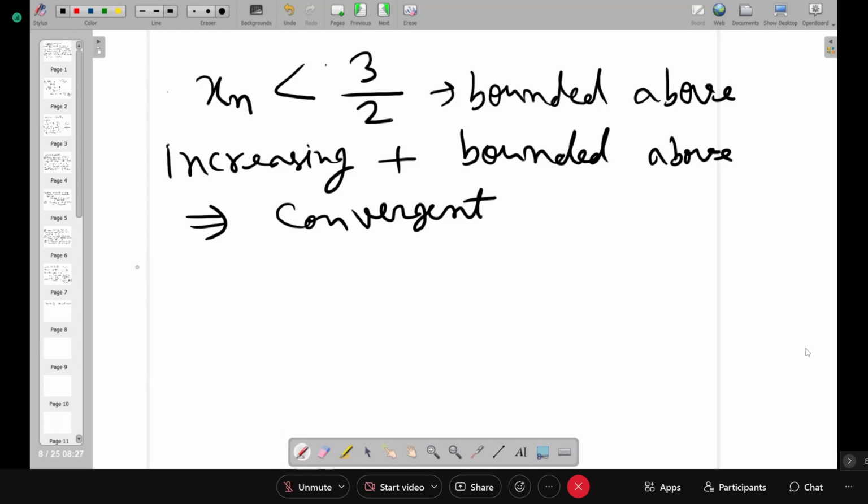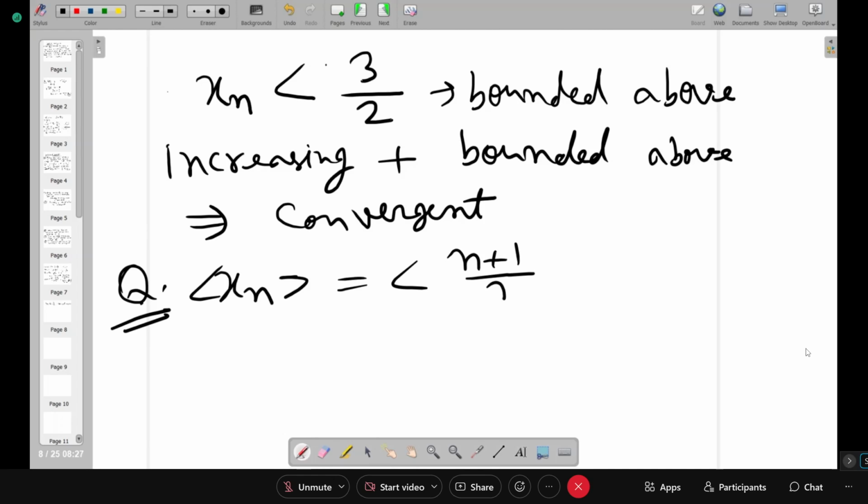Yes. Next, decreasing plus bounded below. We have to find out. So the xn sequence is given by n plus 1 upon n. This is the xn sequence. Now we have to show this is a convergent sequence. So by that criteria, let's see. What is the xn plus 1 term?